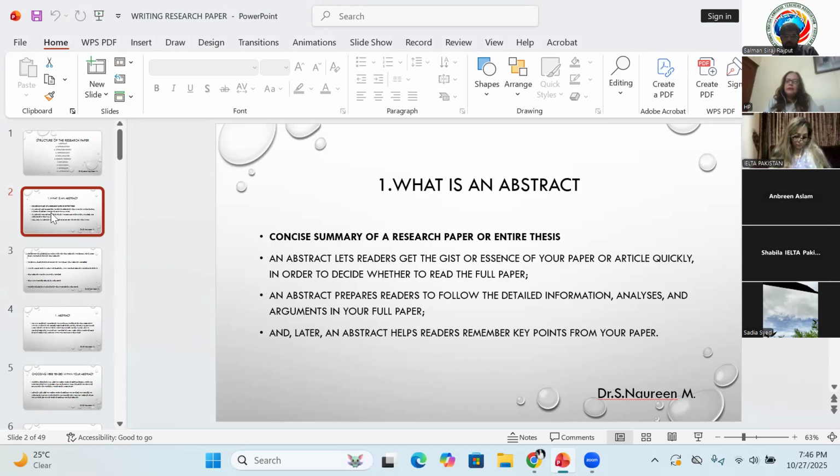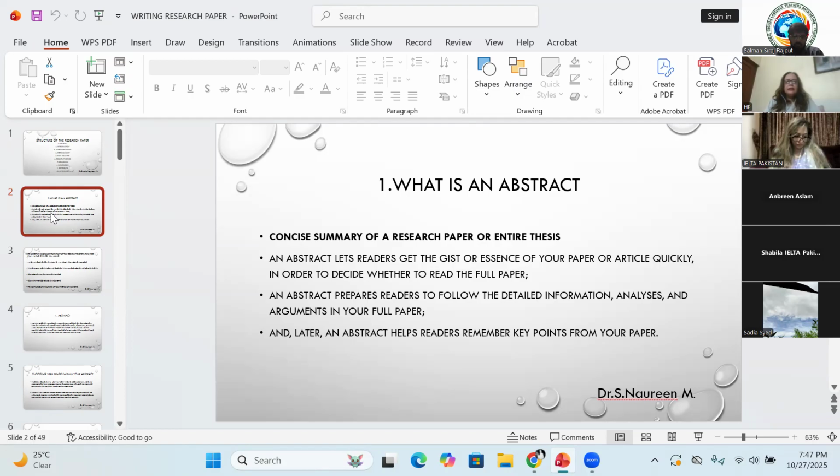Even you must have observed that the abstract is good enough to tell you what sort of paper you have at hand, whether it is relevant to you or not. So that is the purpose fulfilled by the abstract in writing your paper. You have it in your thesis, you have it in your publication also.